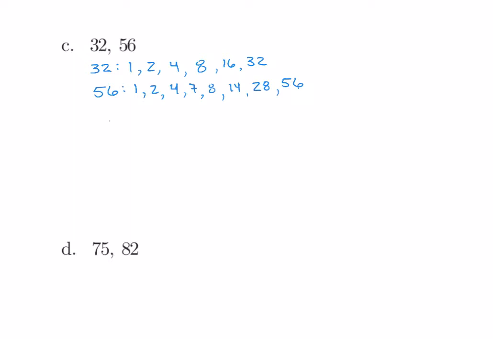So our common factors are 1, 2, 4, and 8. And our GCF is 8. All right, last example.